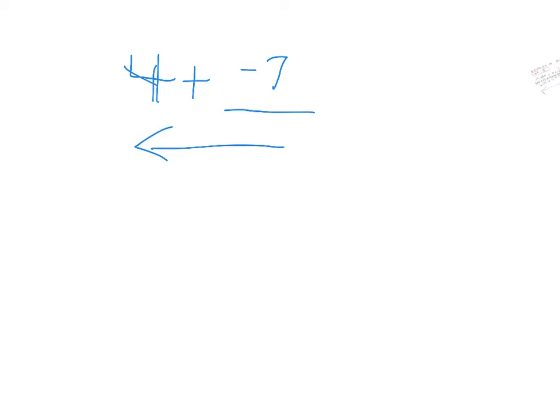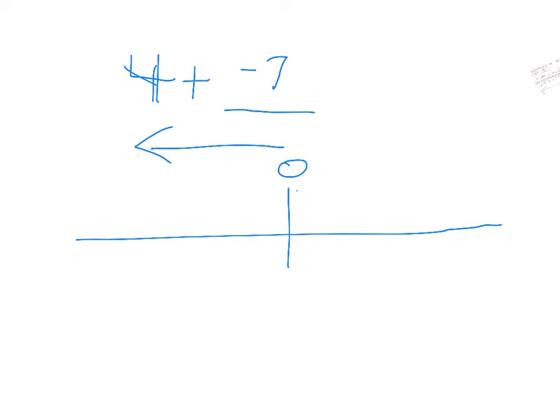Okay, so now if I consider a sum such as, sorry, just going to grab my pen, 4 plus -7. Because I'm adding a negative number, I'm going to go that way along the number line. So think about my number line.